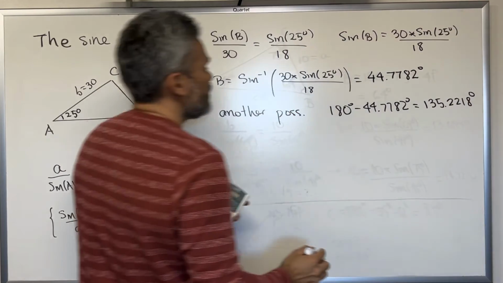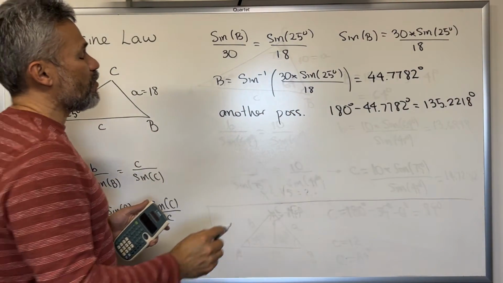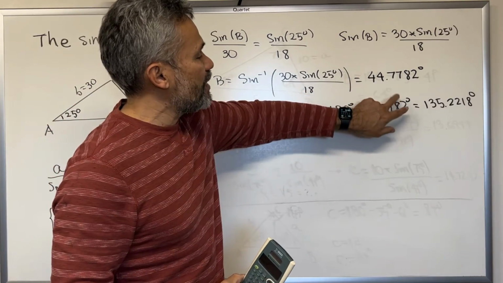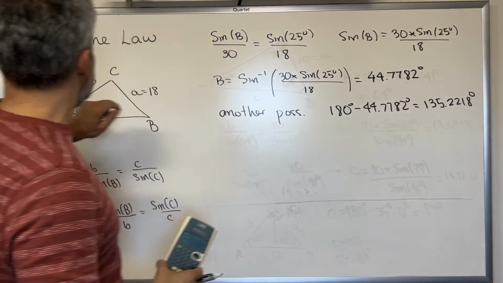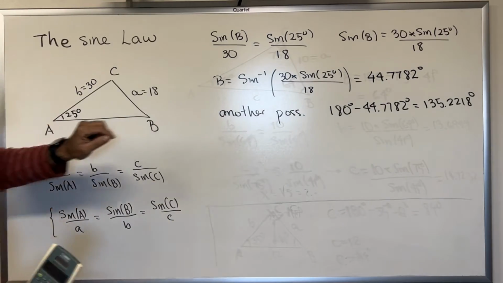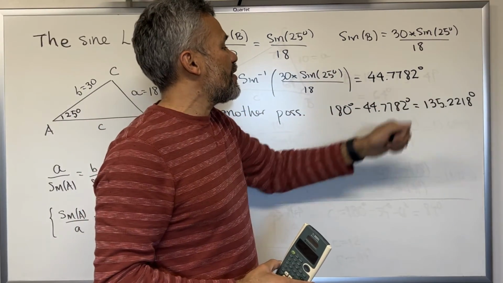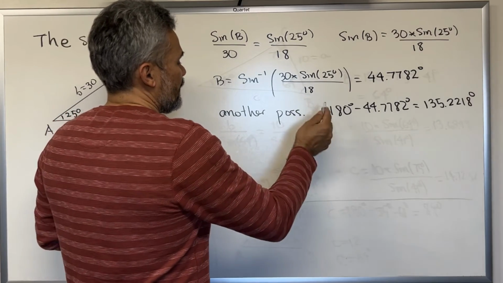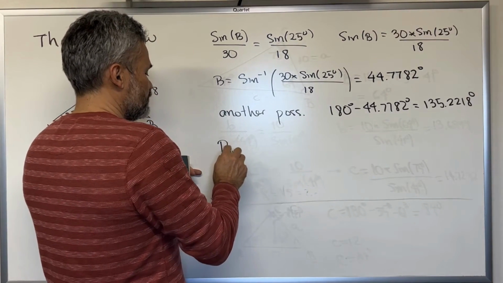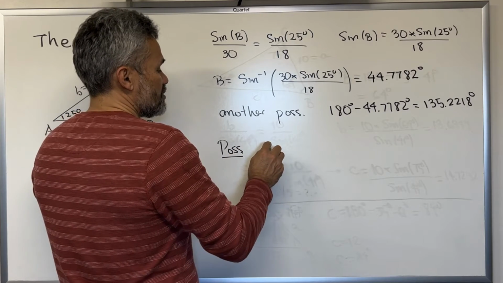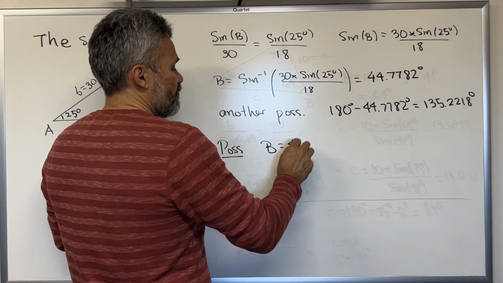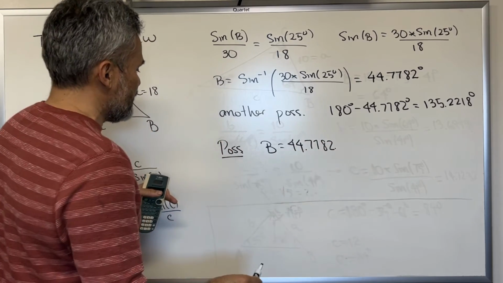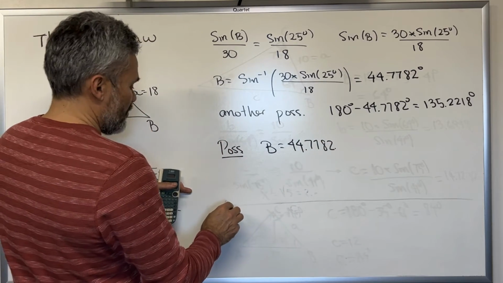Then what we are going to do is consider the two possibilities. Sometimes the two possibilities will give us two different triangles that satisfy these conditions. Sometimes one of them will not work. Okay, let's see what happened. Possibility one, we're going to assume that B is 44.7782, and then we write the triangle.